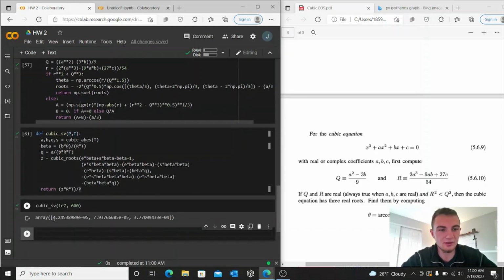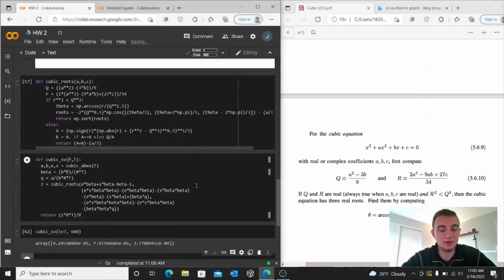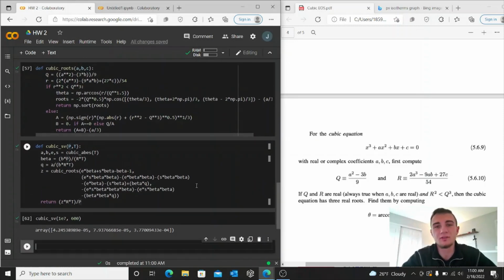These are our 3 different roots, our specific volumes, and it looks like everything worked out okay here. Just in summary, we were given a problem where we knew the pressure and the temperature, but we wanted to know the specific volumes. So we needed to solve the general cubic equation of state in terms of compressibility Z. Once we got a cubic polynomial in terms of Z, we were able to take the roots of that cubic polynomial.